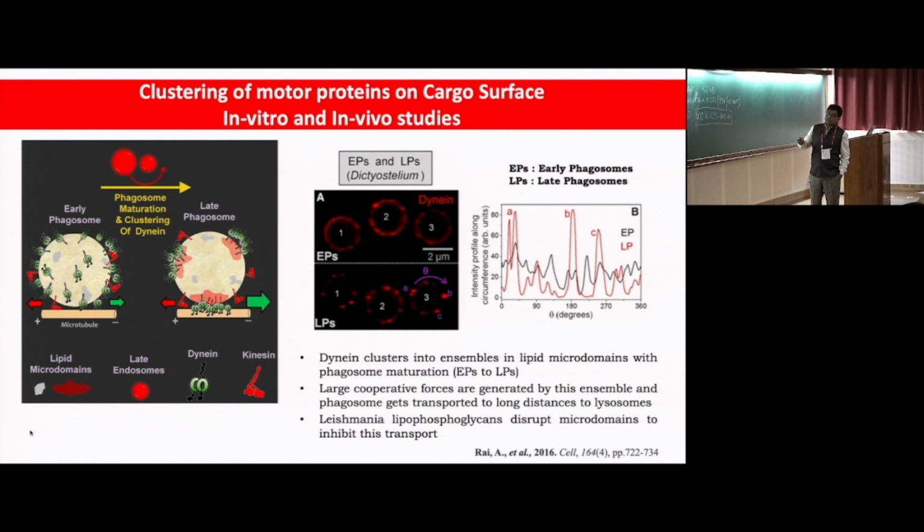When the phagosomes are in the early stage, you will find that dynein motors are dispersed, but as they mature, they cluster together, and then this phagosome generates a large collective force which drives this cargo towards the lysosome, where the pathogen can be degraded. And many pathogens like Leishmania disturb this microdomain, and they hijack this entire transport mechanism to avoid degradation and to infect more, basically.